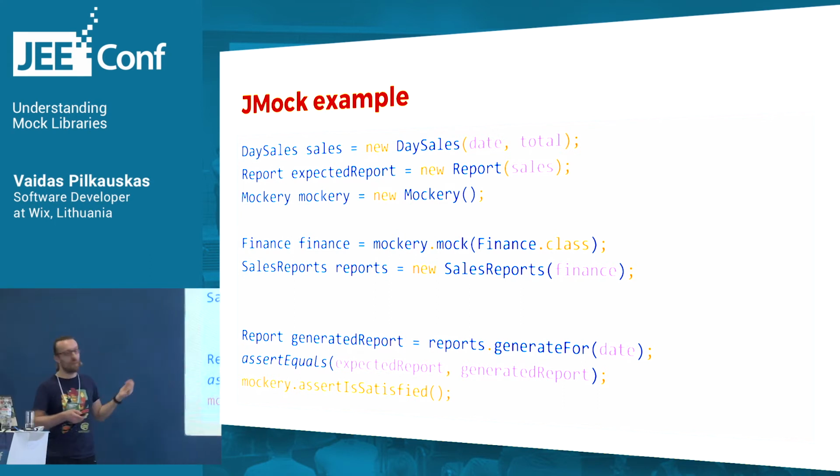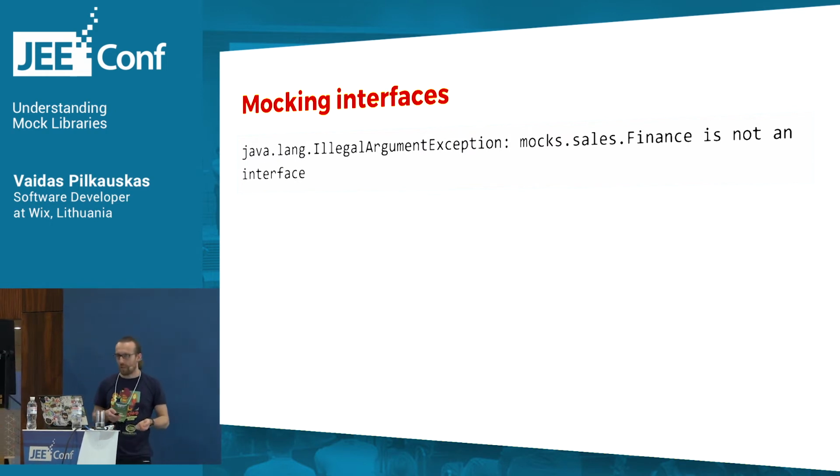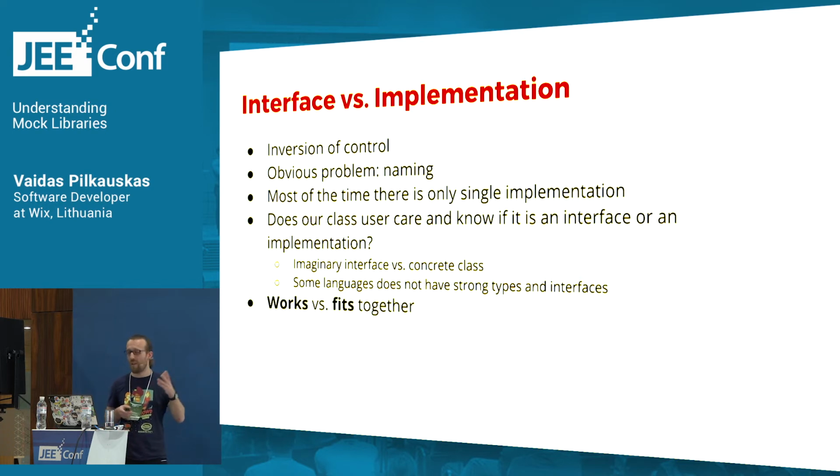And guess what is the output of this one? The output is an illegal argument exception, because JMock doesn't allow you to mock classes, which is a difference from Mockito, where the default behavior is to allow you to create mocks of interfaces, which I think is a good idea, because it's an obvious problem in the first place that we usually have one interface and one implementation.